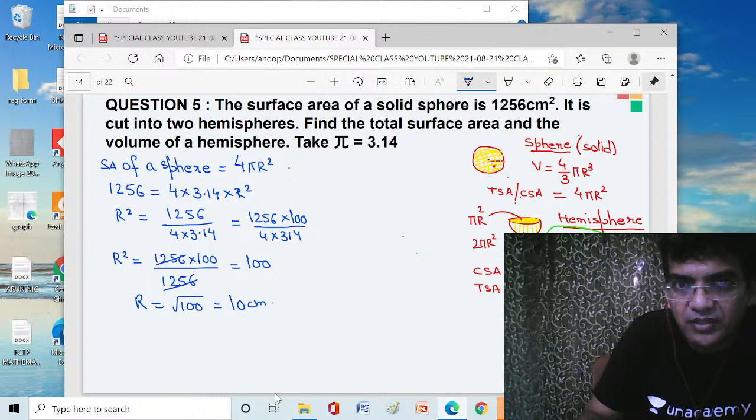So the final answer will be 942 centimeters square. That's the total surface area. So in the question they have asked us to calculate the total surface area of a hemisphere, and the formula is 3 pi r square. So this is clear to you now?